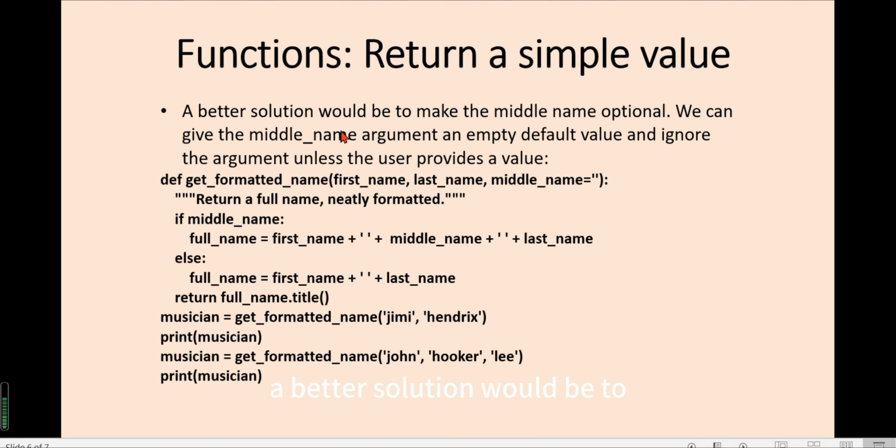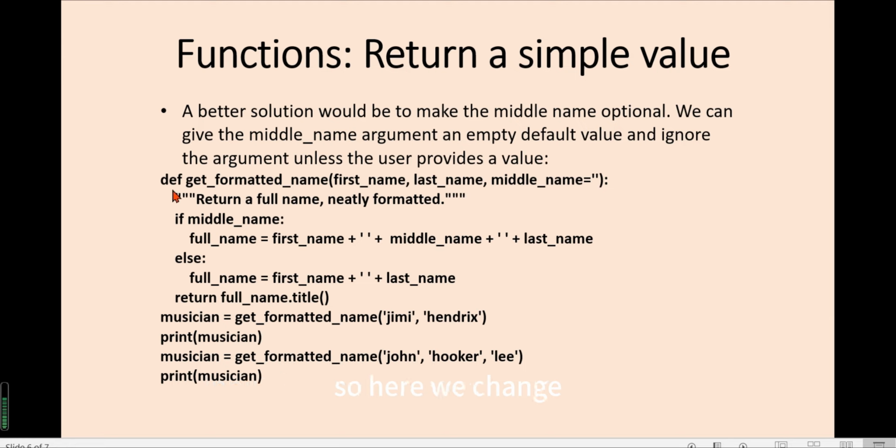A better solution would be to make the middle name optional. So we can give the middle name argument an empty default value and ignore the argument unless the user provides a value. If the user does not have a middle name, then they just need to input the first name and the last name when calling the function.